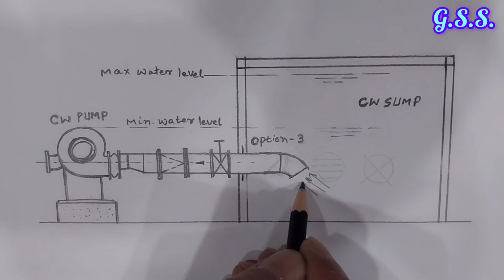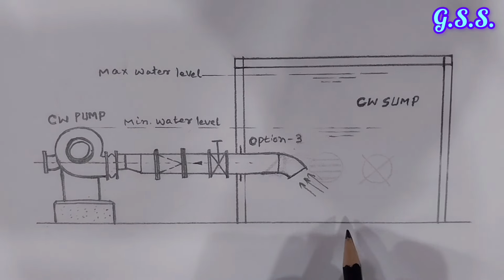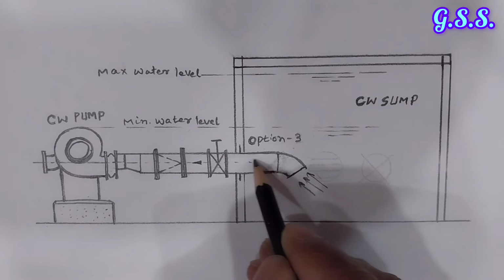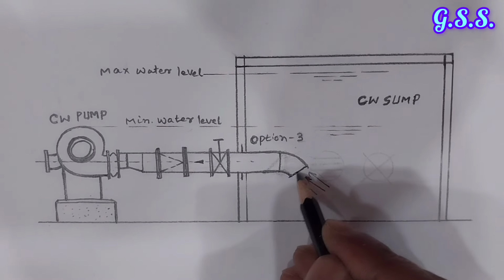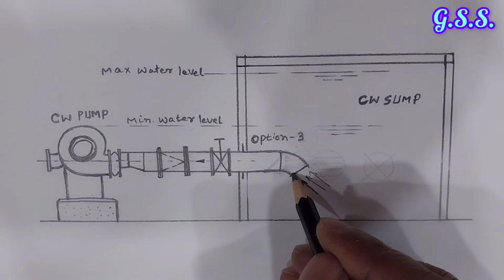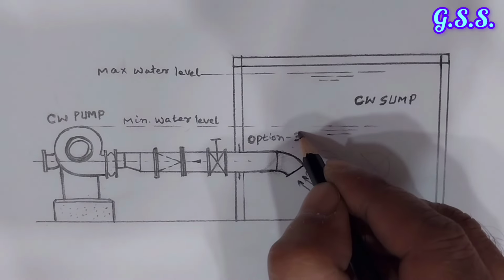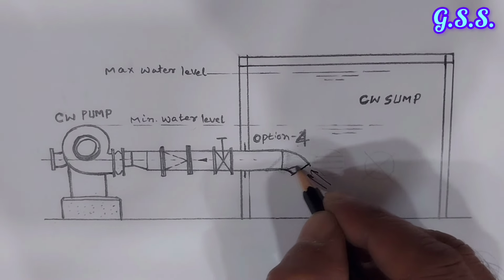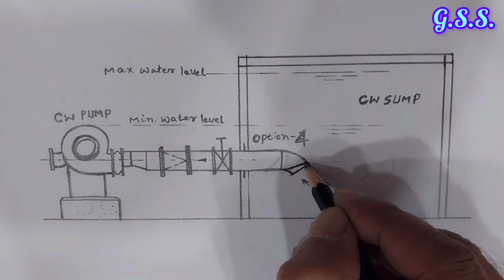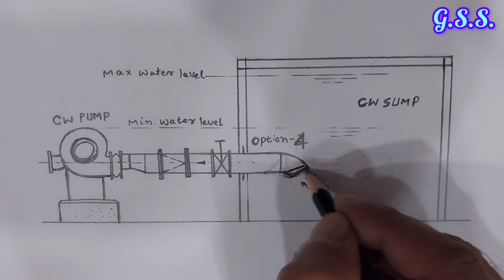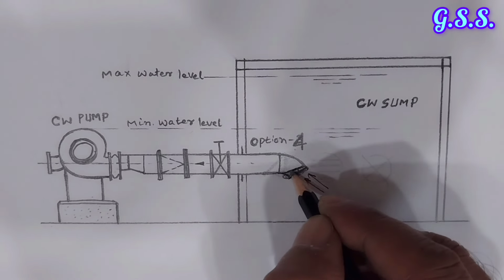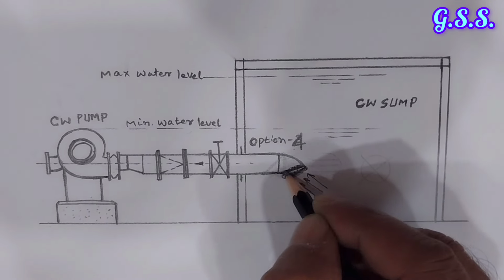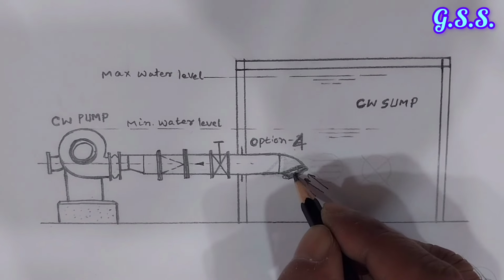So there will be minimum chance of vortex formation, but here the cross-sectional area is the same as the suction line, so entry loss will be more. So we can go for another option, that is option 4, if we cut this portion like this. So this portion is cut so that this area will be a little bit more, entry loss will be less, and the chance of vortex formation will be further less.